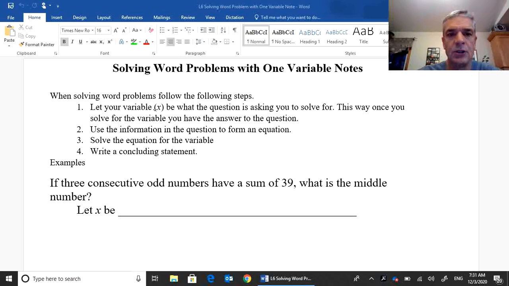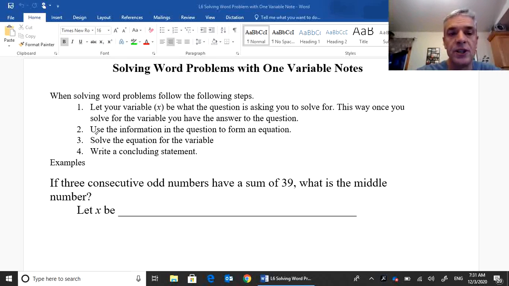For example, lots of students, if they're looking for distance, might choose the letter D as opposed to the letter X, and that is just fine. The good thing about doing this is that once you solve for X, you've answered the question essentially, and you don't really have to do much more other than make a concluding statement.